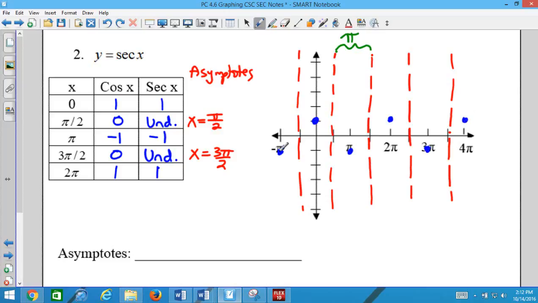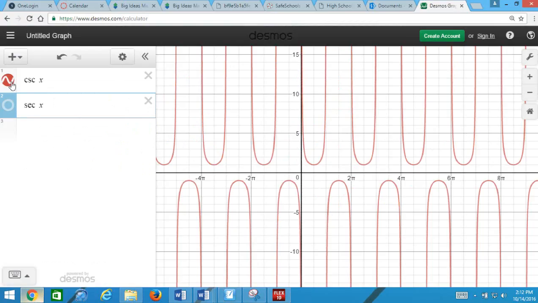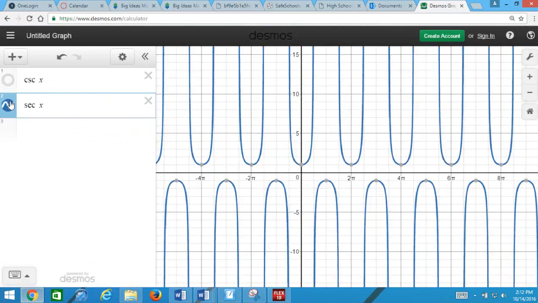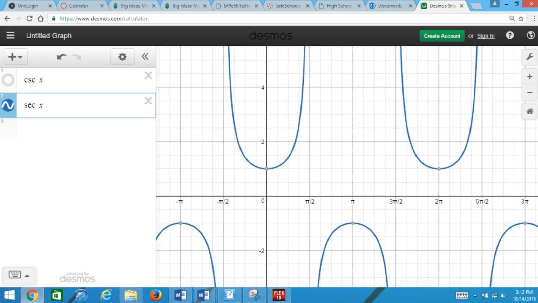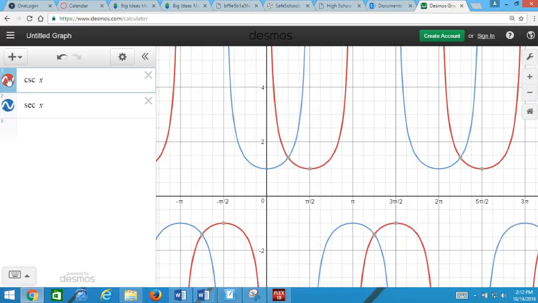I'll show you using Desmos what the graph should look like. Your secant looks a lot like cosecant, it's just shifted over. Or I could show you cosecant and secant at the same time. There we go.